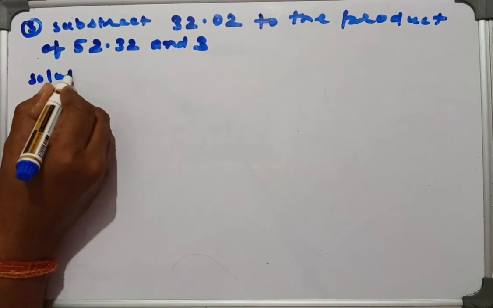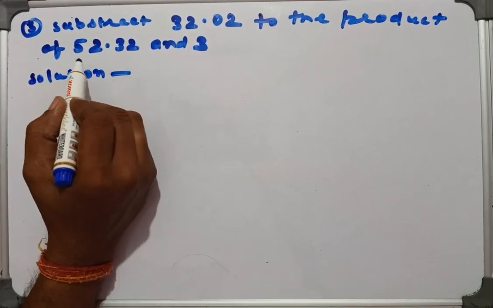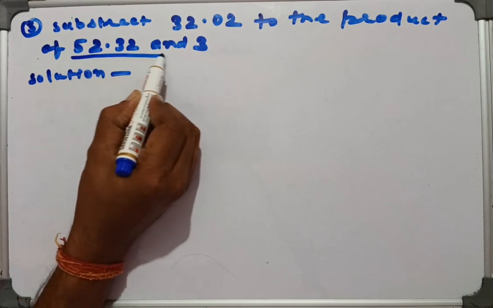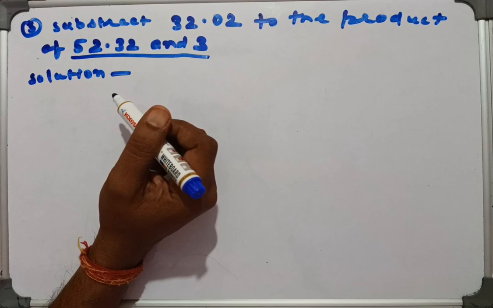Solution: what is the question saying? The question is saying, first of all, you make a product of these two numbers, then subtract this one from it.